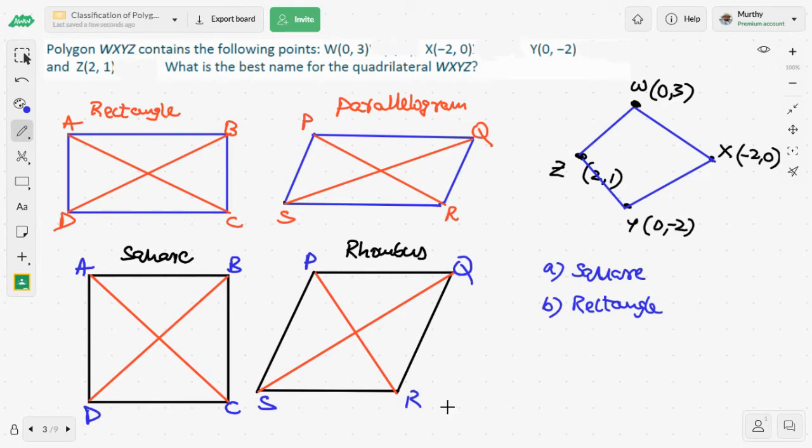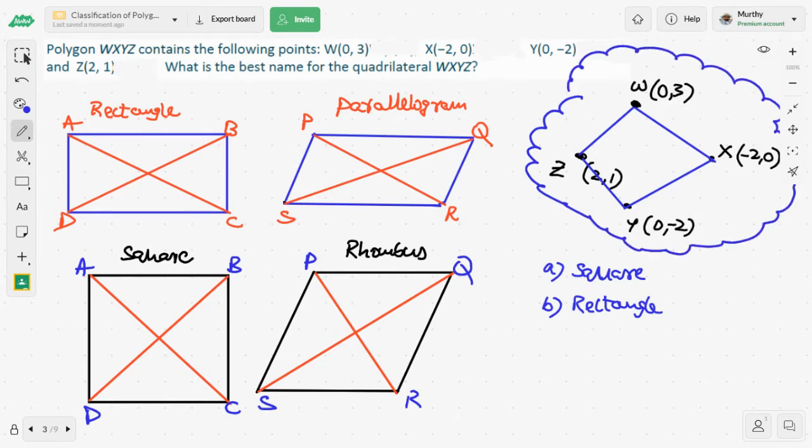Anyhow, for this question, I'm not computing because you have to use the distance formula to figure out the values.